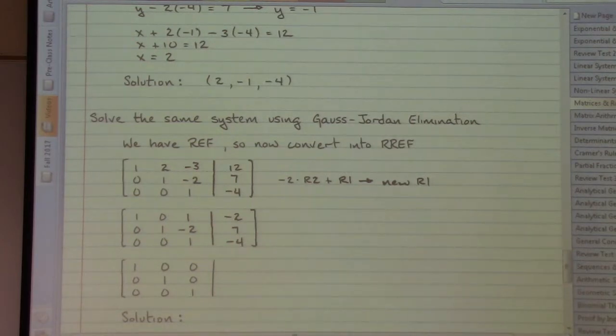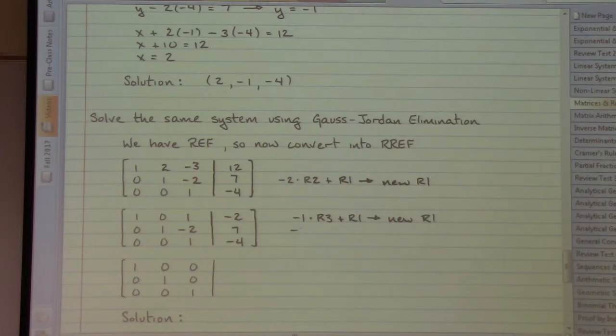I would now want to take my row 3 and be able to create my new row 1 and new row 2, because I want to get zeros in my row 1, column 3 and row 2, column 3 entries. So if I do negative 1 times row 3 plus row 1, I will get a new row 1.